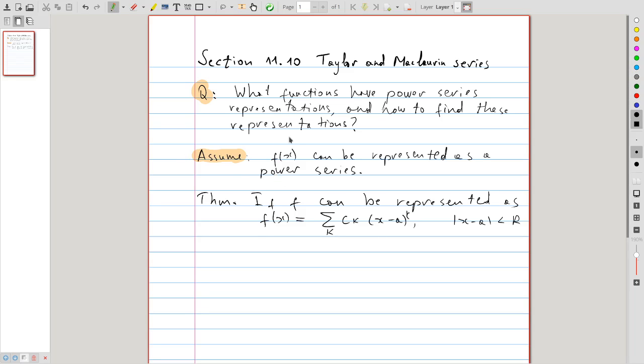So if a function f can be represented as f of x equals sum c_k (x minus a) to the k, so an infinite sum over the index k, and this representation of f of x must be true for absolute value of x minus a less than r, for some positive r.